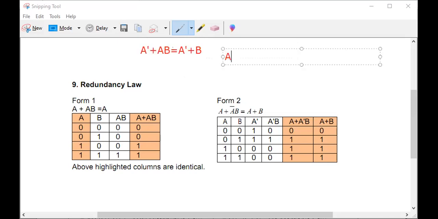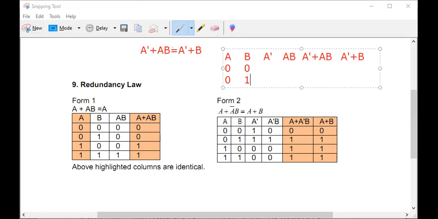Here I am taking A, B, then A dash, then AB, then A dash plus AB, and finally A dash plus B. Look, 0 0, 0 1, 1 0, 1 1.